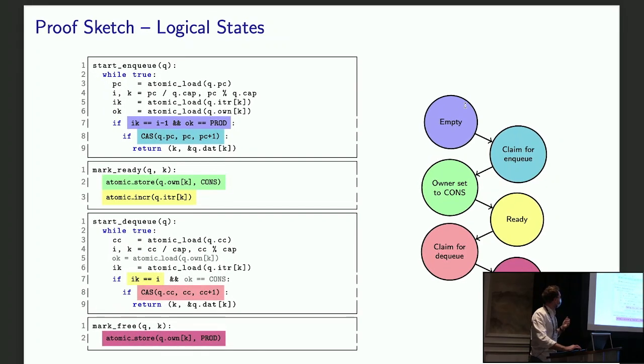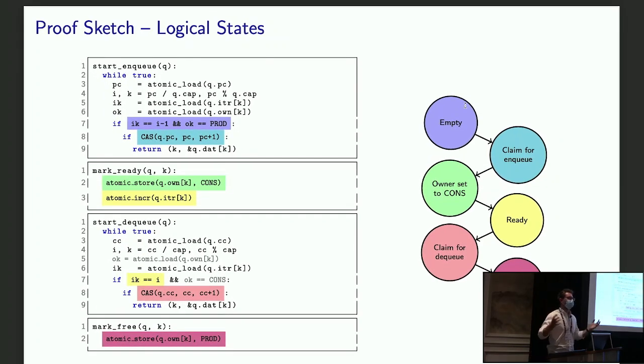Okay. So this is literally a sketch of what the proof looks like. On the left, you see the code that we saw before, and on the right, there's this state diagram. So each highlighted line in the code corresponds to some sort of memory update. On line 7, it's not really a memory update, but that's where we establish that the slot we're looking at is in this empty state.